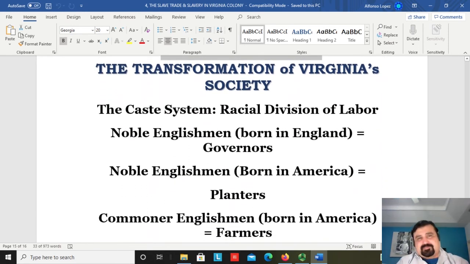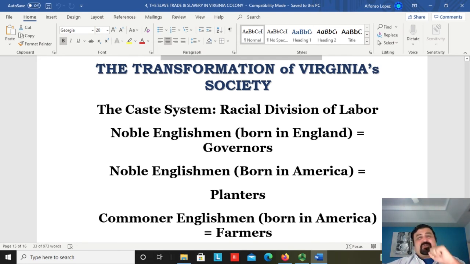So this transition from indentured servitude to African slavery in Virginia was not just that it replaced one labor system for another. It did not just replace a labor system of indentured servitude created by a labor contract, seven years, for a labor system in which people were now in permanent bondage, providing labor.